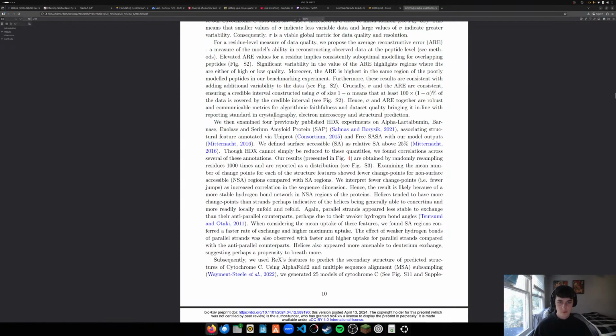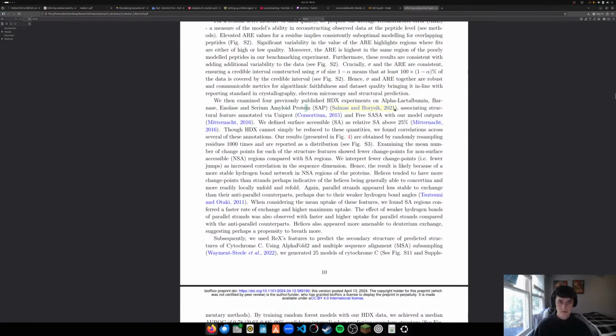Crucially, we then examined 4 previously published associating structure free. We define as relative. Though HX cannot simply be reduced to these qualities, we found correlations across several of these annotations.